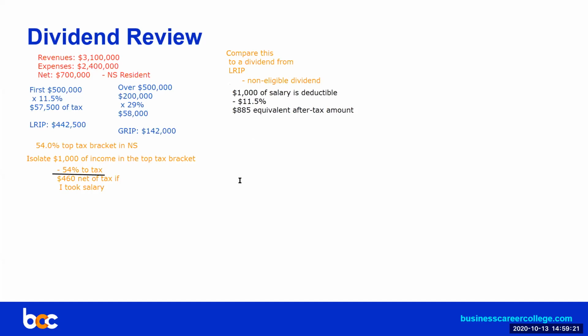Is everybody with me there? So paying myself $1,000 of salary is the same as paying an $885 dividend out of the small business amount or out of the low rate income pool. Would everybody agree that that's an apples to apples comparison?